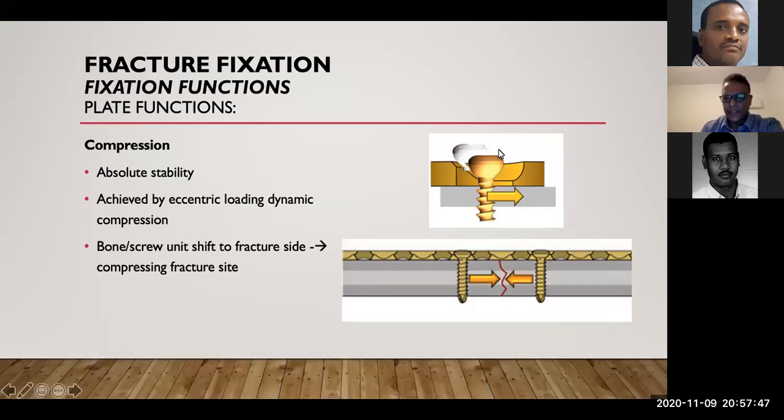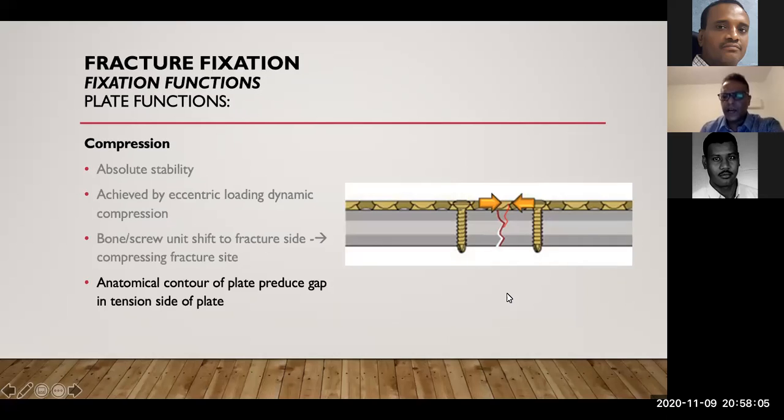And basically that's what we're expecting to happen. So if we put the screw eccentric, far away from the fracture, then we compress the screw with the bone with it, it will move, and this movement hopefully will achieve stability.